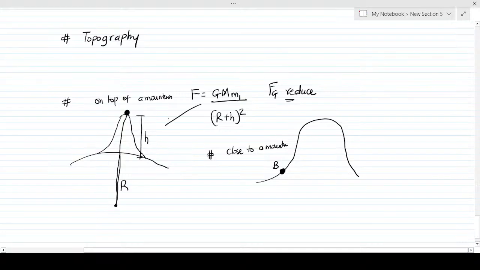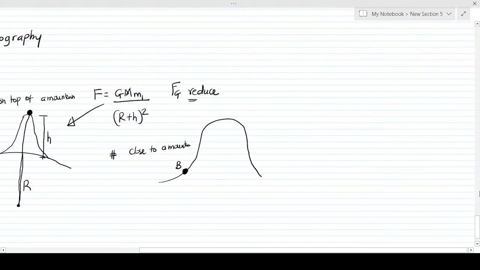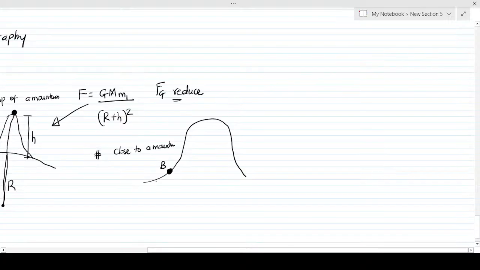Now we said that on top of a mountain, it's going to reduce gravitational force. Now, if it is close to a mountain, what will it do? There is a mass concentrated in the mountain that will attract the body to itself. Then the earth is also attracting the body downwards, right?